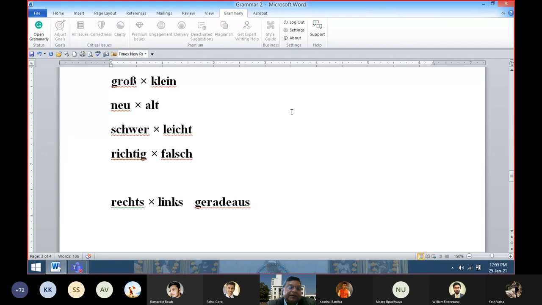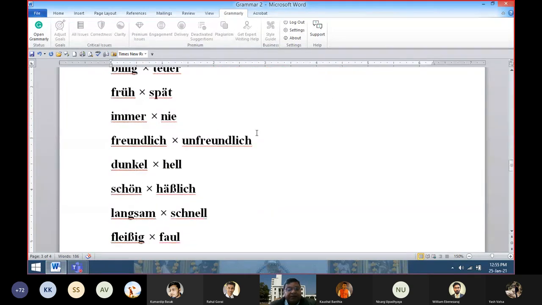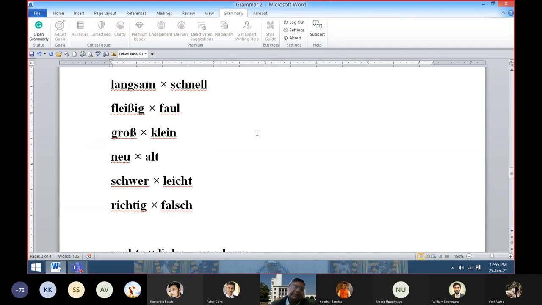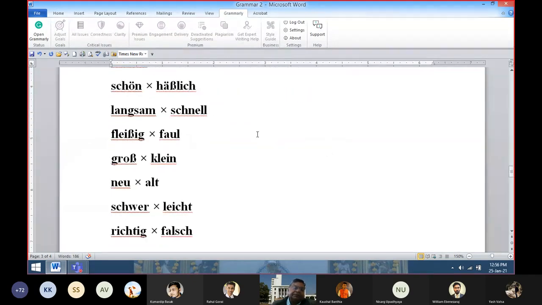Meine Frage means my question. Meine Antwort, my answer. Meine Antwort ist richtig, my answer is correct. Meine Antwort ist falsch, my answer is false or wrong. So like this you can think of and make very simple sentences using these adjectives or antonyms.